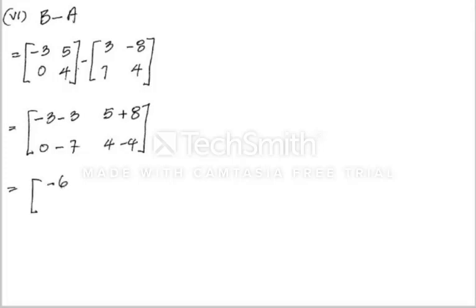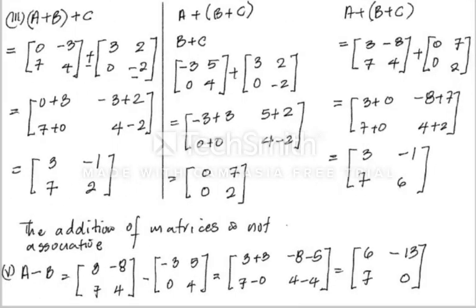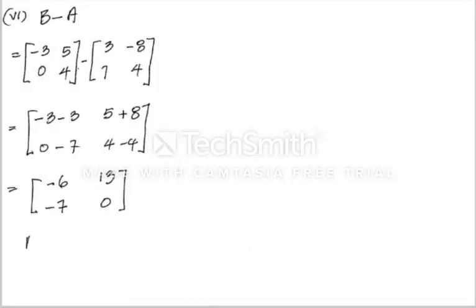If the signs are the same, you add and keep the sign. 0 minus 7 is minus 7. 5 plus 8 is 13. And 4 minus 4 is 0. So we can see clearly that A minus B is not equal to B minus A.